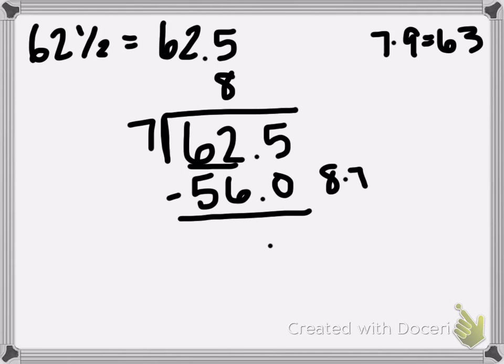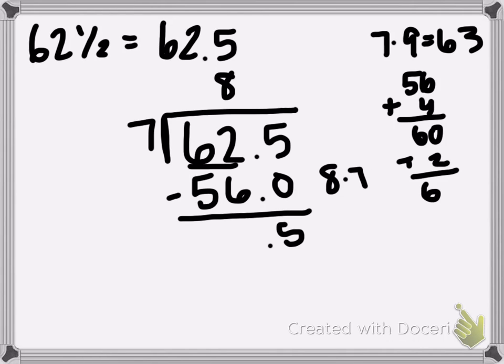We subtract. I'm going to think of 56 plus 4 gets me 60 plus 2 more gets me 62. So that's 4 plus 2 is 6.